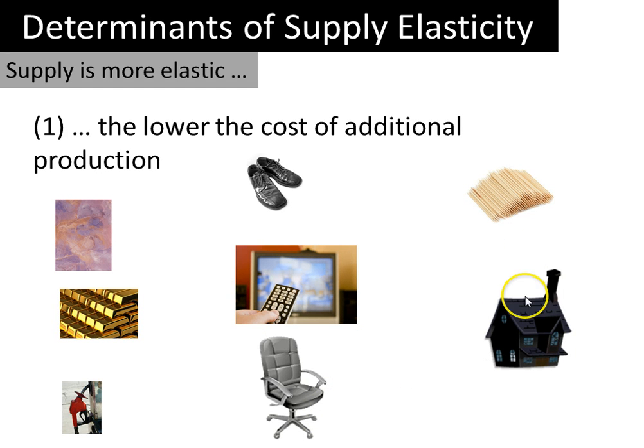Now let's compare these two goods, toothpicks and houses. Which good do you think is going to have higher supply elasticity? The reason we expect their supply elasticities to be different is because the production of toothpicks utilizes only a small portion of total wood supplies, while houses utilize a huge portion of the total wood supplies.